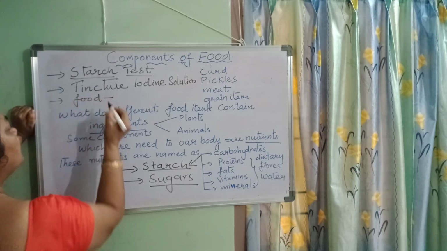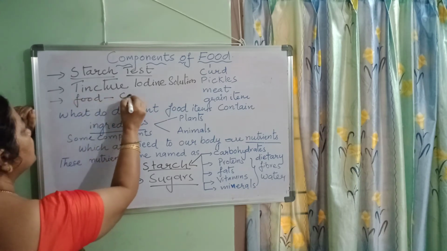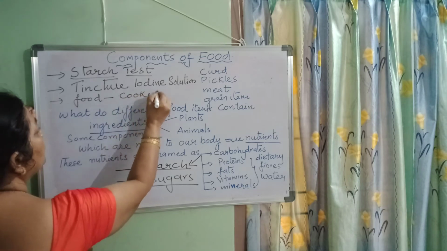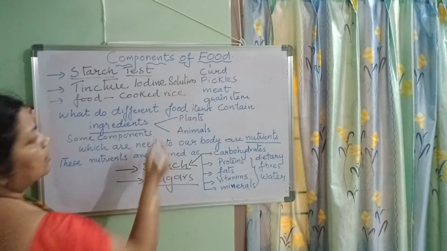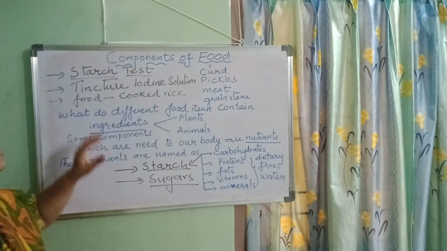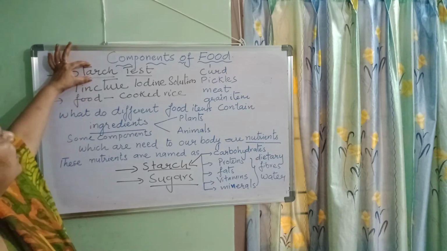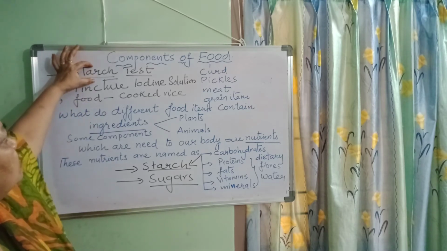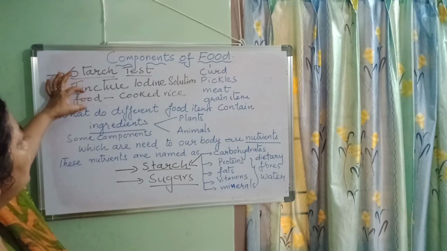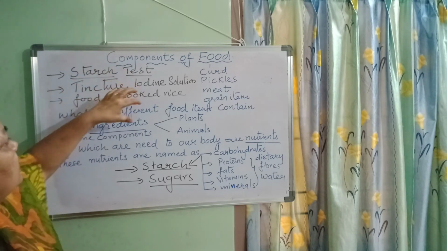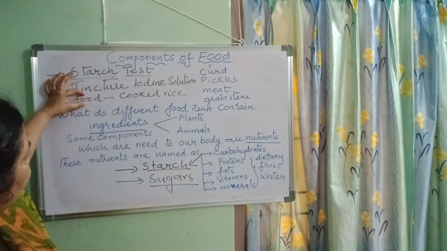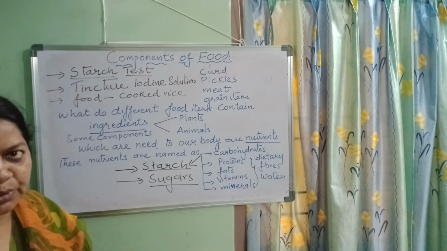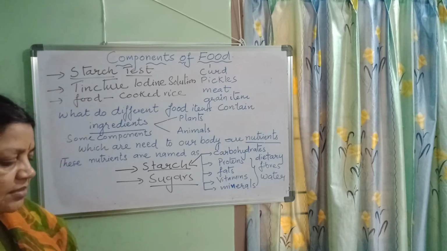The food item may be cooked rice. Here, for the starch test, the tincture iodine solution is made by mixing with water, and we take food that contains carbohydrate, mainly cooked rice.